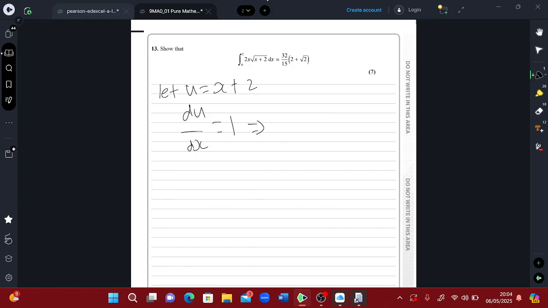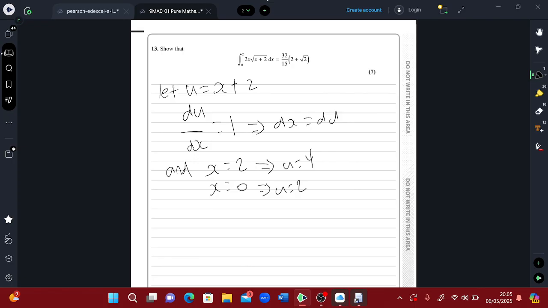Rearranging the formula, dx is going to be du over 1, so that's just du. And we need to change the limits. x equals 2 means that u is 2 plus 2, which is 4. And x is 0 would mean u would be 0 plus 2, which gives us 2.